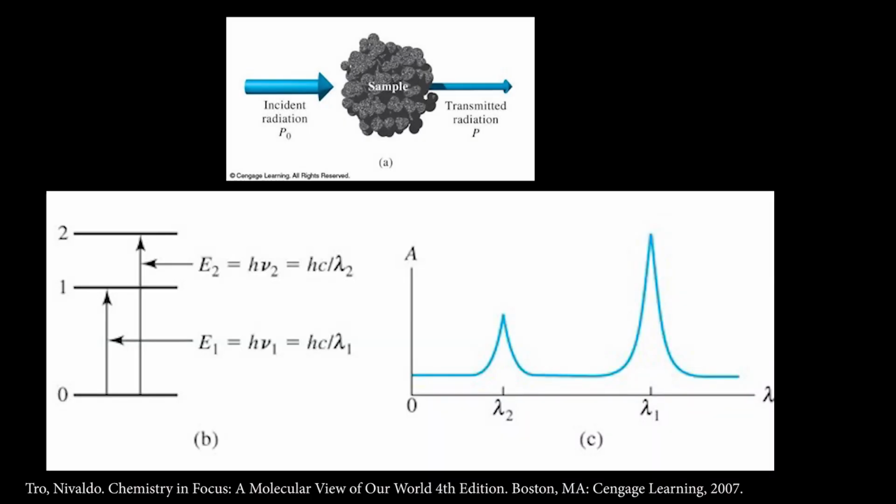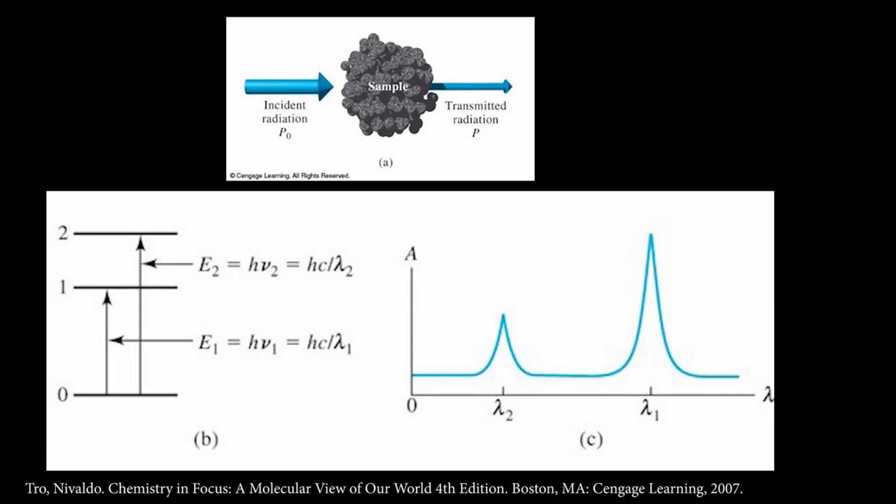Based on what we've discussed so far, we have these energy level diagrams shown in the bottom left, the B part of the figure, where you can push electrons from the ground state, which we've labeled 0 here, up to excited state 1 or 2. We can look at that excitation in terms of energy, or convert it to frequency, but most of the time we are going to look at it as wavelength.